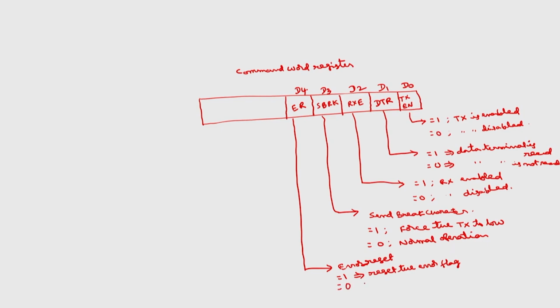If this is 0, it will not reset the error flag. Then we have RTS, IR, and enter hunt. These are the different signals D5, D6, D7.